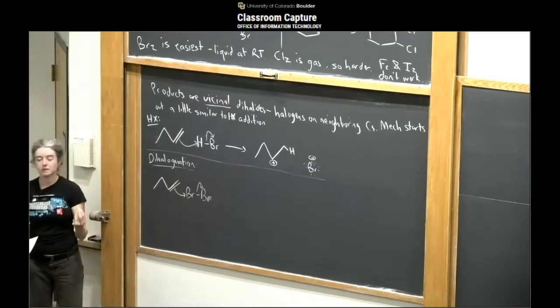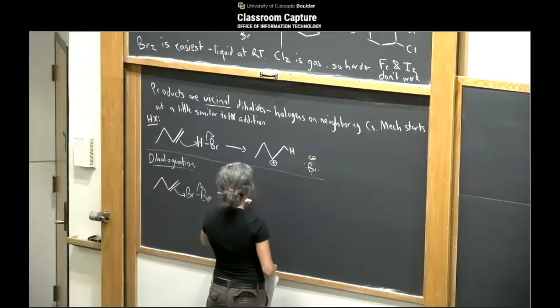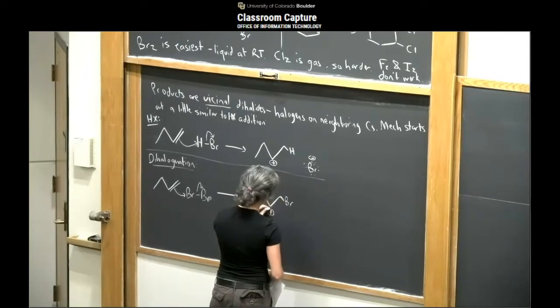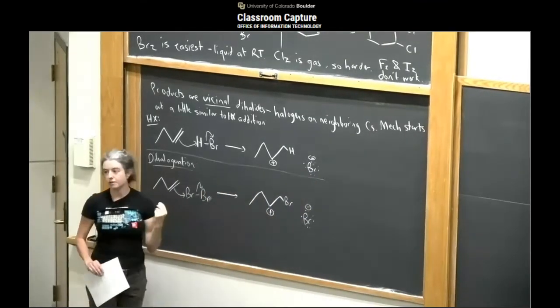We're still kicking out a Br-. So we could think about why not just go through the same intermediate, make a carbocation here, and kick out that halide leaving group.